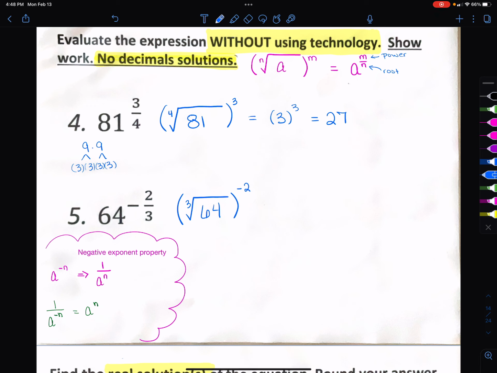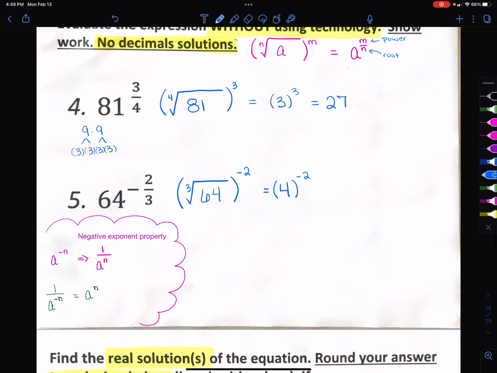So when I do that, the cube root of 64, it's an odd index and a positive number. So thinking about the last slide, that is going to give me +4. So I have 4 to the -2 power.